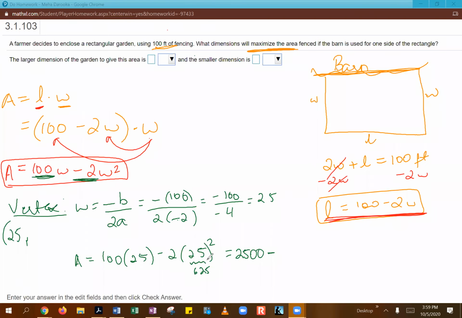And then when you multiply that by 2, looks like that comes out to be 1250. And then what's 2500 minus 1250? So Abdulaziz, you had a bunch of different answers here, but yeah, it should be 1250 by the time you clean this entire thing up.